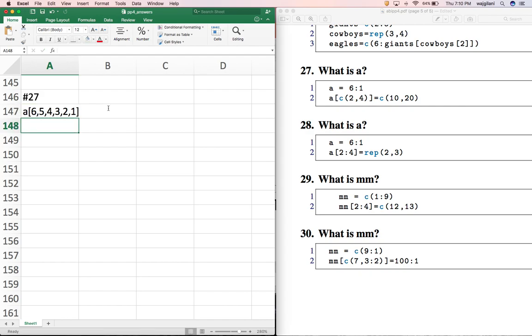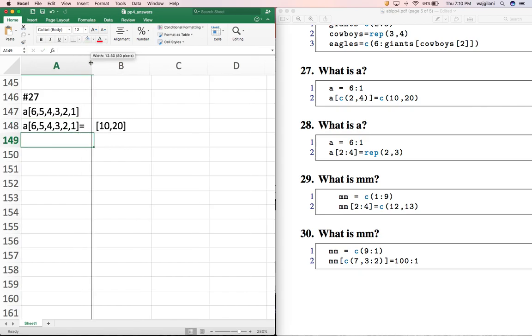And now here we're doing a situation where the right side is going to be 10 and 20. And the left side, I'm choosing the second and fourth position to override. So here we're going to have 10 and 20. And over here, we're going to have these values. That's basically going to be set equal to that.